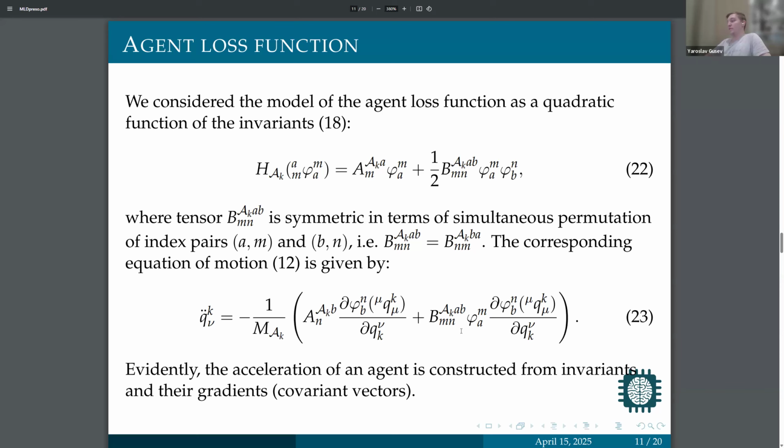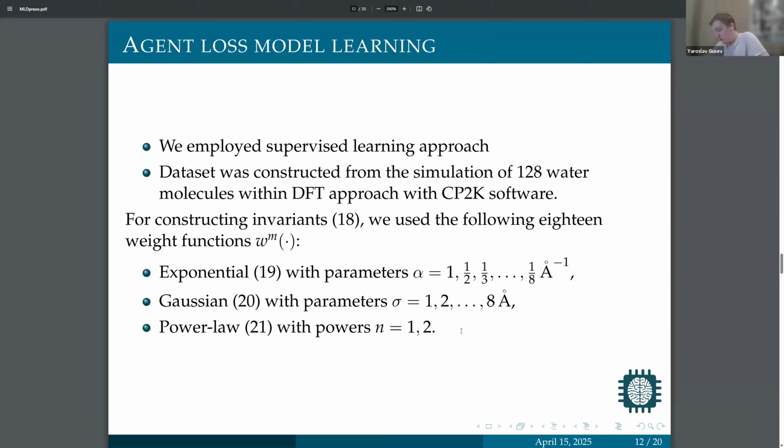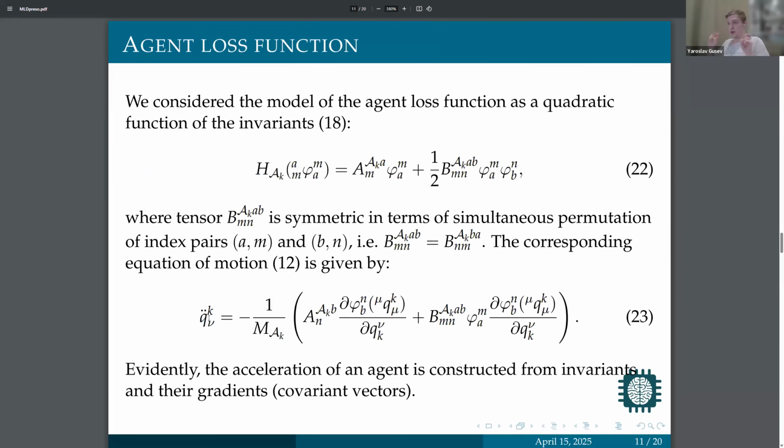And then from this point we may consider the supervised learning approach, where we start from collecting data about some realistic system. We took a water simulation of 128 molecules performed in CP2K software with the density functional theory approach. This data we use to obtain the correct accelerations, how they should look as functions of invariants.